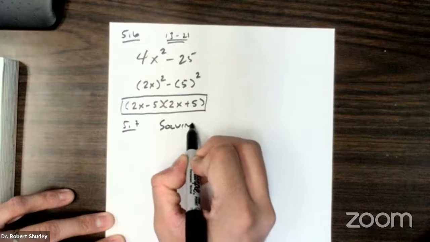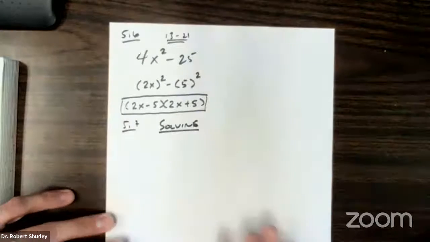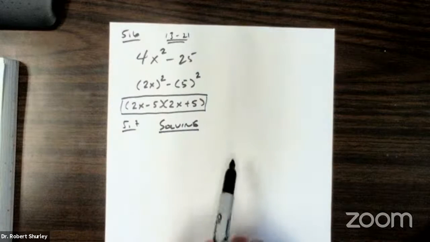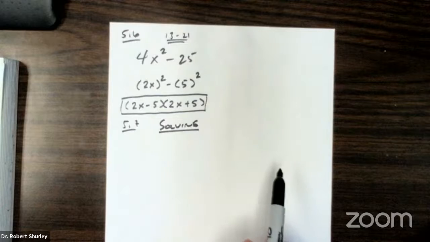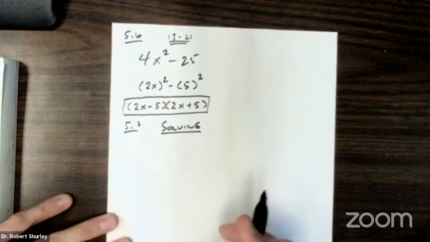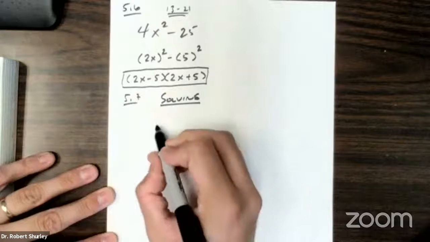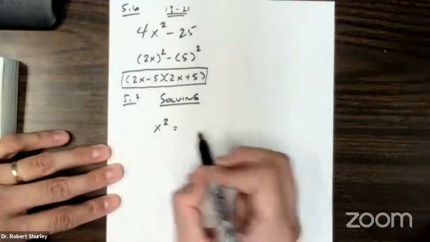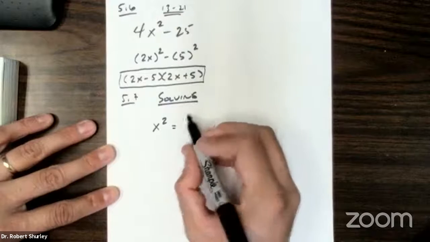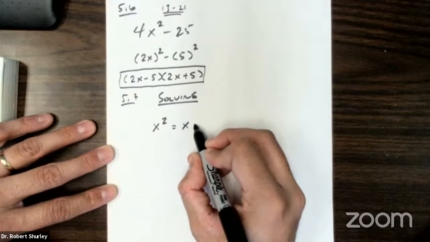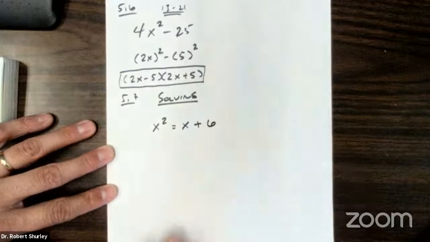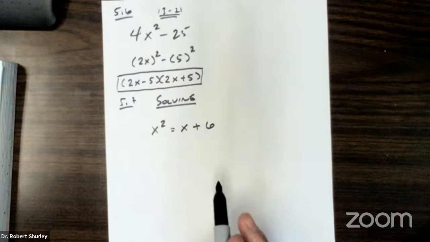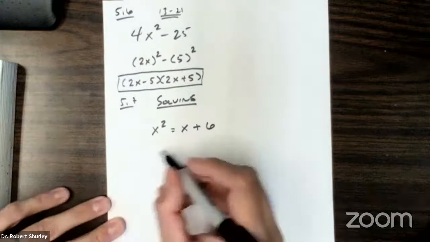Now I'm going to do just some basic solving questions. I go more in detail, of course, in the lecture video. But the goal is to get 0 on one side, factored completely, set the factors equal to 0, and solve. So if we looked at something like, let's say we've got x squared equals x plus 6, remember, you've got to get 0 on one side.